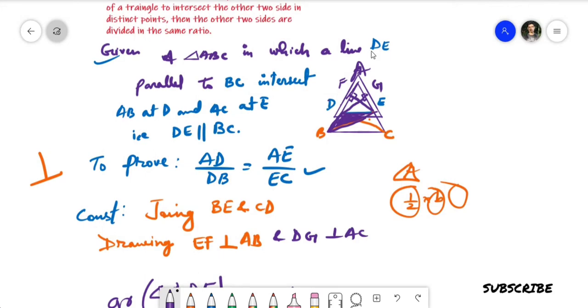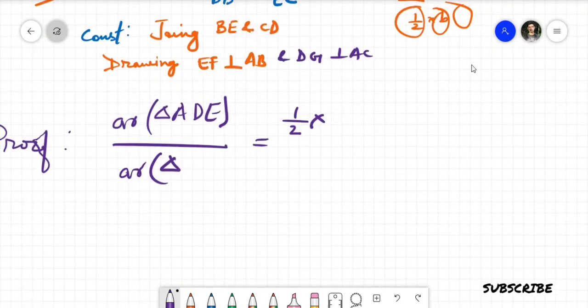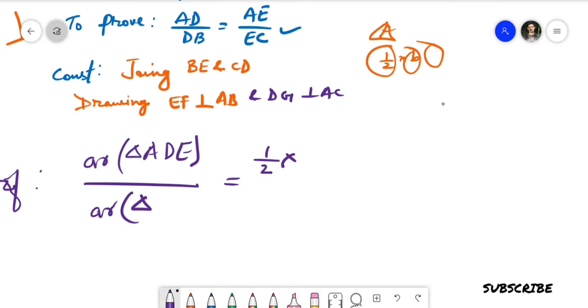You see, for ADE, okay, I'm going to draw it again. I'm going to draw here so that you can understand it properly. So we can write A, B, C, okay, and this is A and this is your D, and we suppose this one as E. So now you see the base of this triangle will be AD.